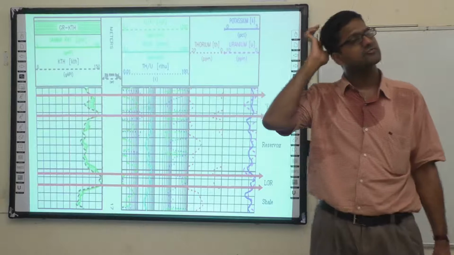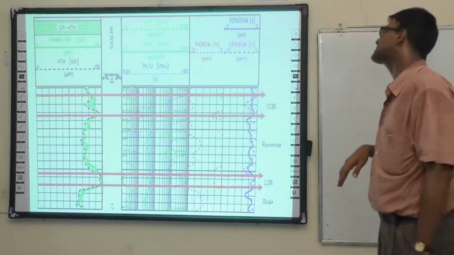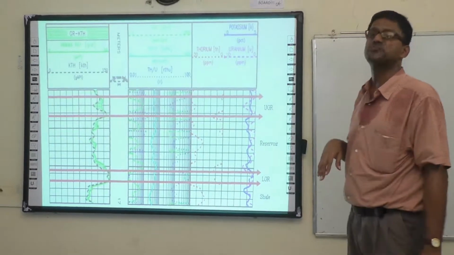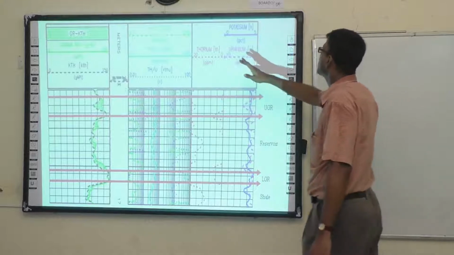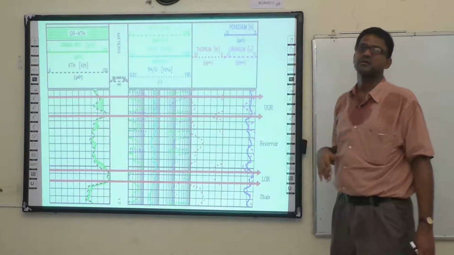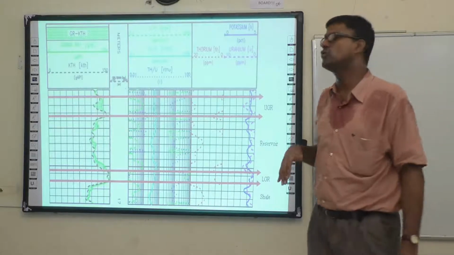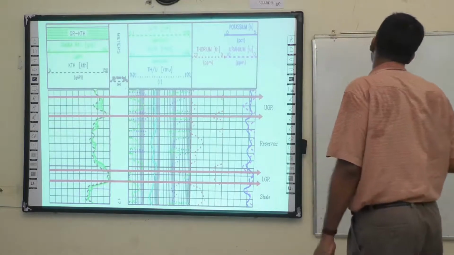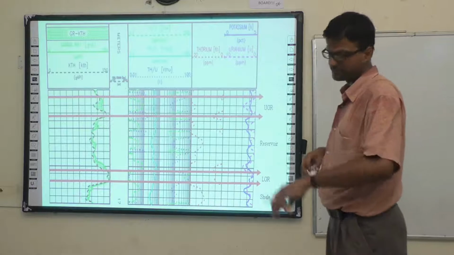And before that I showed one more slide, that is Pe versus potassium. So the potassium value we can take from this track. Okay, and Pe, as I told you, we take from the lithodensity log.